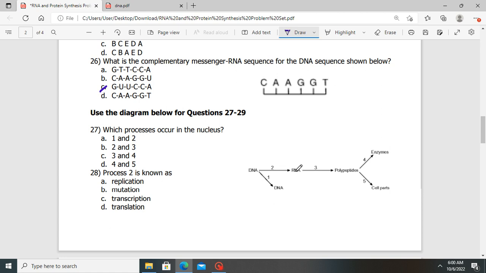RNA to polypeptide is translation. So 1 and 2, DNA replication and transcription, occur in the nucleus. So the answer for 27 is A. Process 2 is known as transcription.